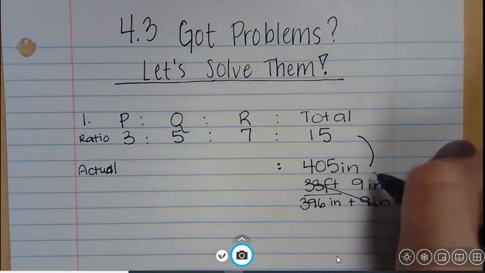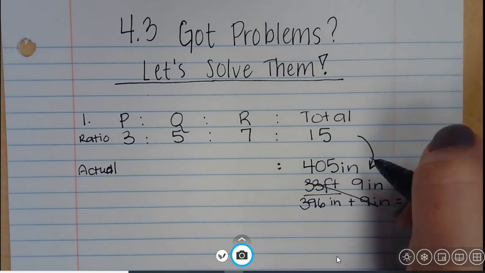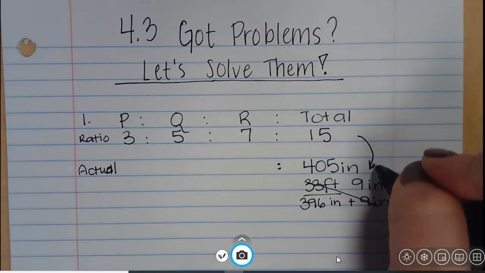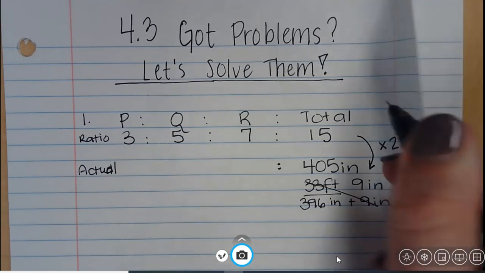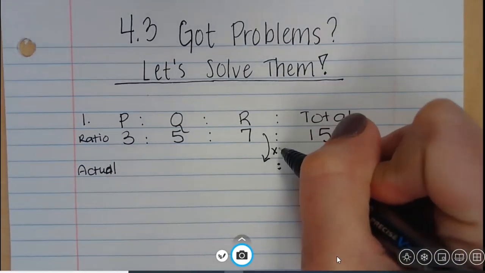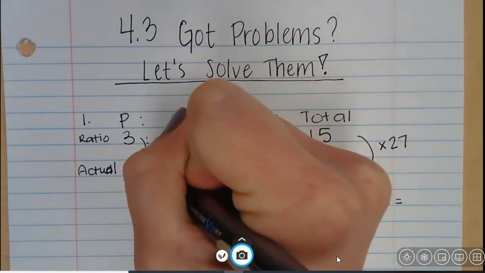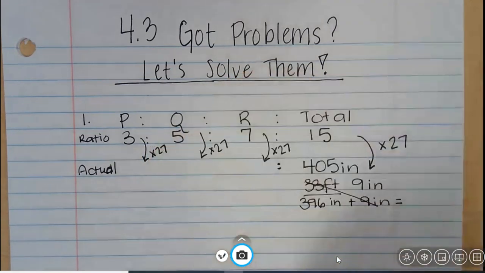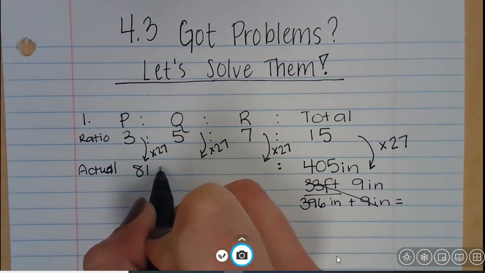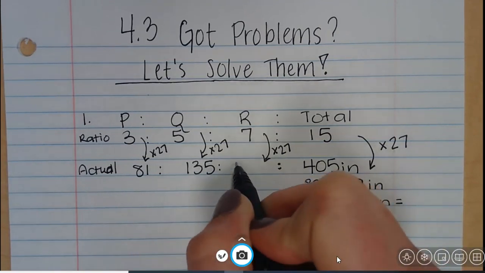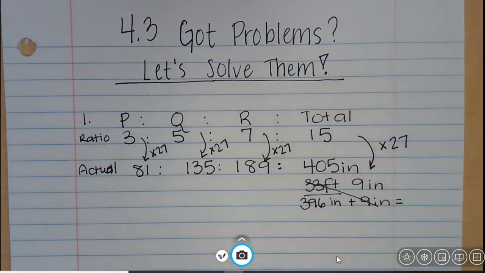And then you need to find out how you get from 405 to 15, and you would see that it would be times 27. So then proportionally, I need to multiply the rest of these times 27. So the answer should be 81 to 135 to 189.